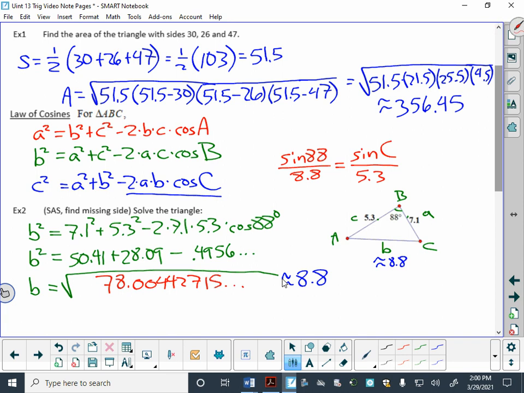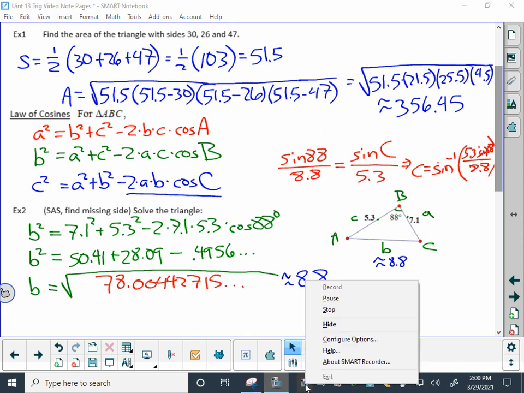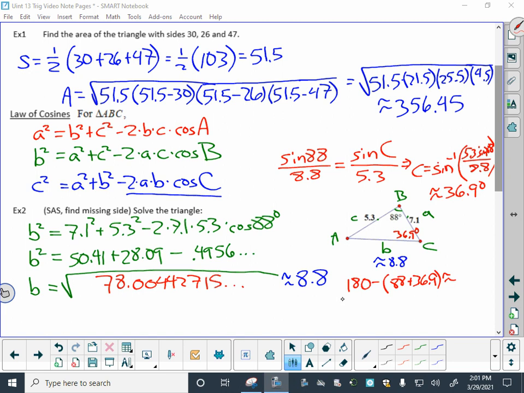So when I solve this one, C is the inverse sine of 5.3 times the sine of 88 all over 8.8. When I do that calculation, I get about a 36.9 degree angle for that one.